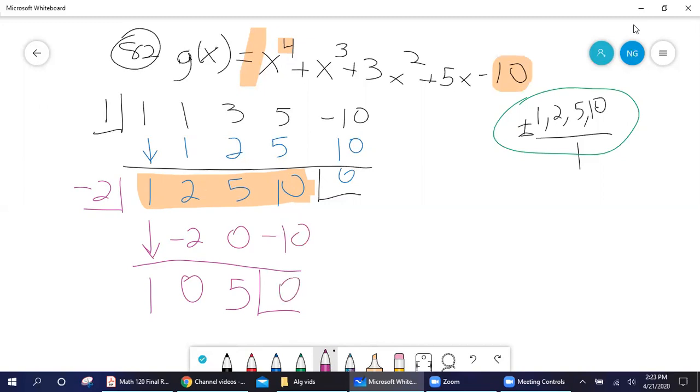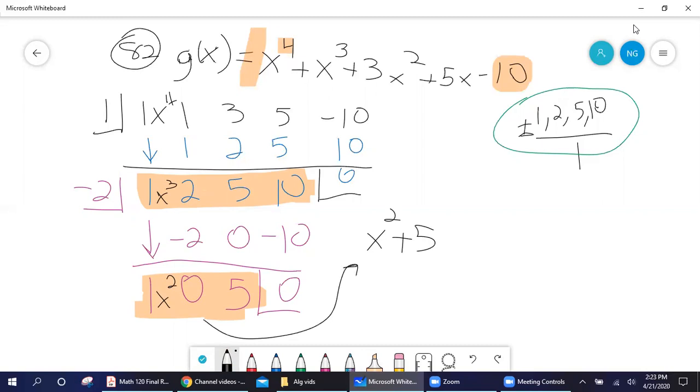So the original problem was an x to the 4th polynomial. When I synthetically divided the first time, that took it down to an x cubed. When I synthetically divided again, it took it down to an x squared. So this polynomial is actually x squared plus 0x plus 5. That's what this actually turns into.